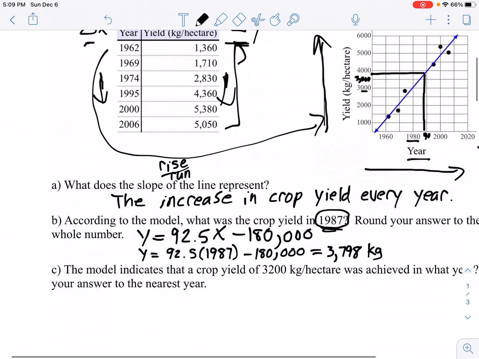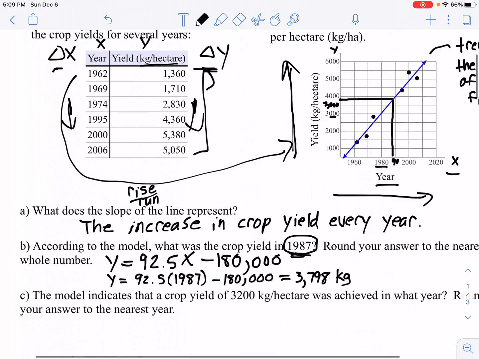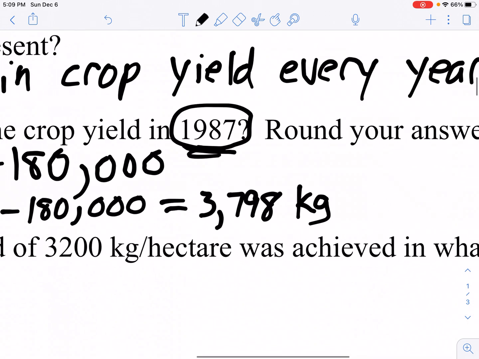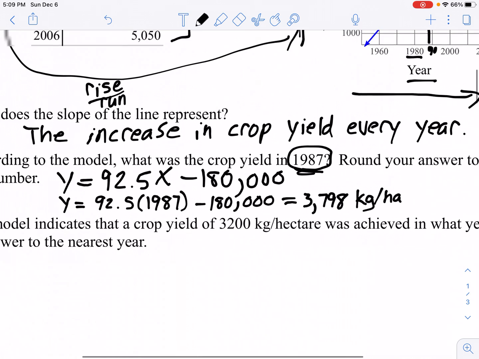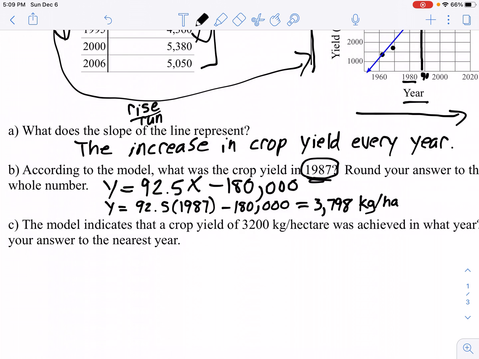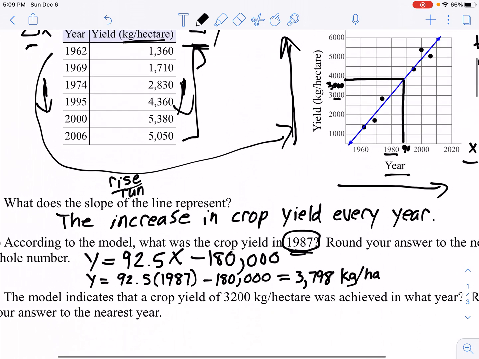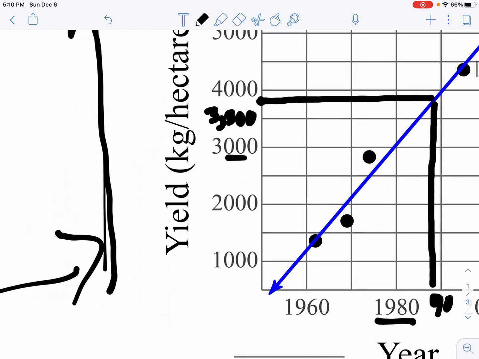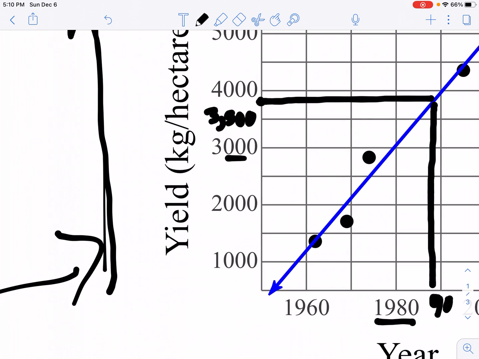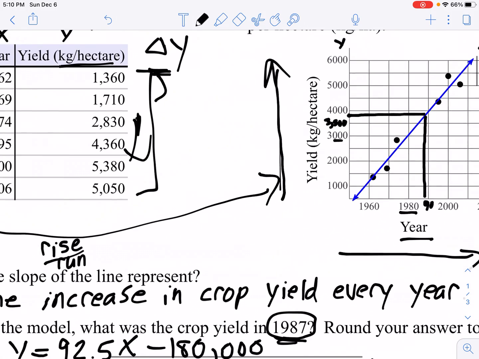Make sure we're using the right units here: kilograms per hectare, and HA is what we want. So this would be my answer. According to the model, what would the crop yield be in 1987? Approximately 3,798 kilograms per hectare. And that's kind of what we guessed earlier. We said it was somewhere between 3,700, maybe 3,800. So we're pretty close there.